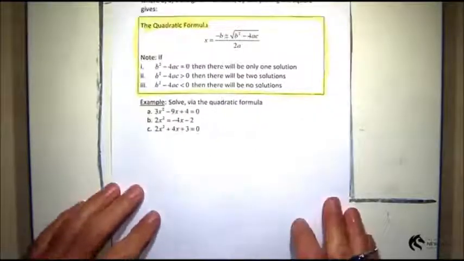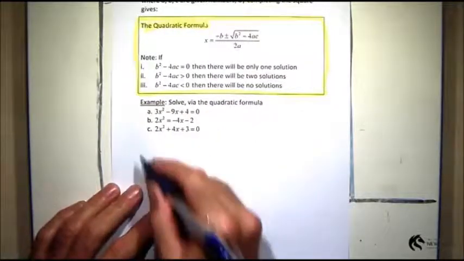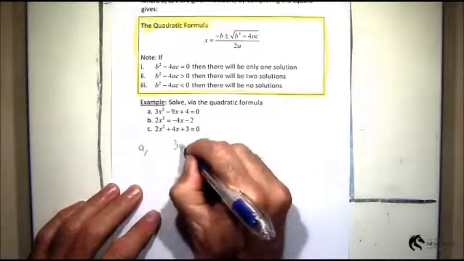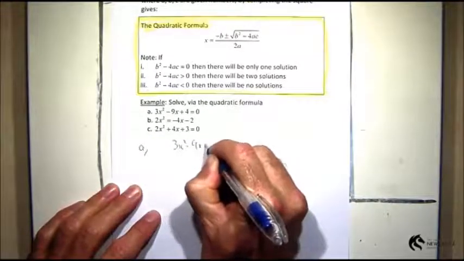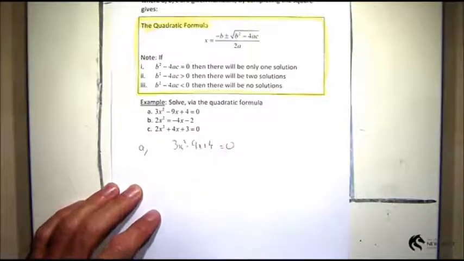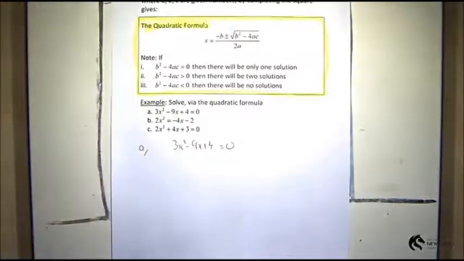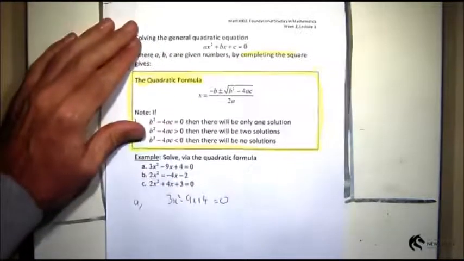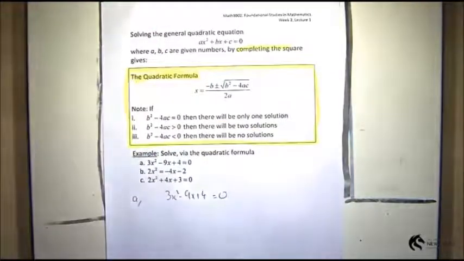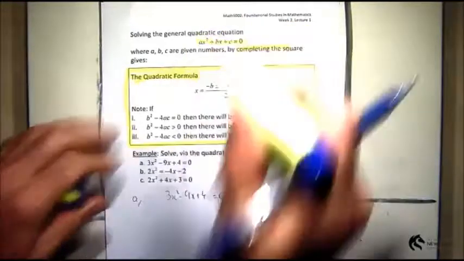So this one says, solve 3x squared minus 9x plus 4 is equal to 0. So in here, remember, this formula applies to, and I probably should have highlighted it, that equation there.